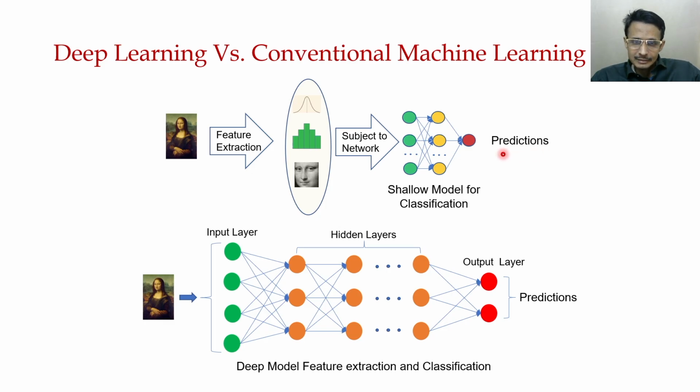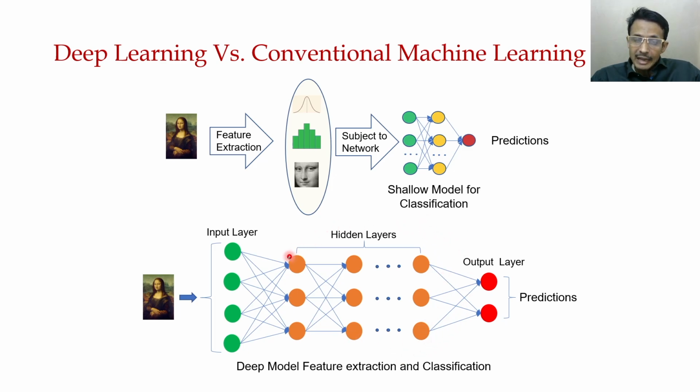But in deep learning, these three things are clubbed in a single network. You can say the input layer, and the input is directly fed to the network. So the feature extraction, classification and predictions are all done by this network.